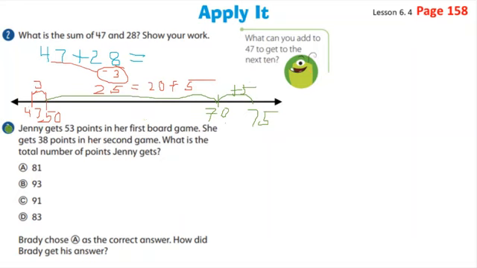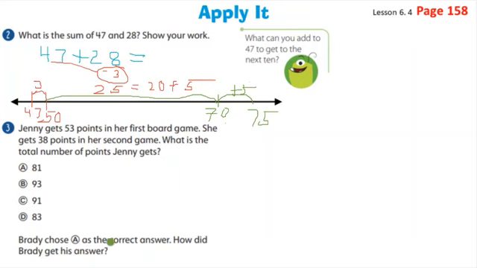Let's take a look at number 3 on page 158. Jenny gets 53 points in her first board game. She gets 38 points in her second game. What is the total number of points Jenny gets? A, 81, B, 93, C, 91, D, 83.